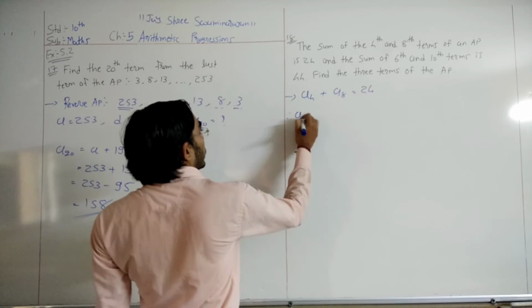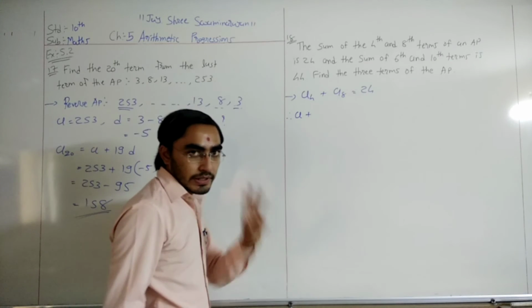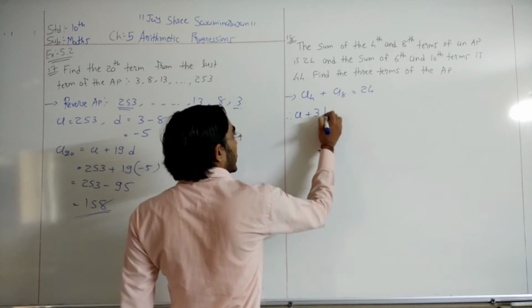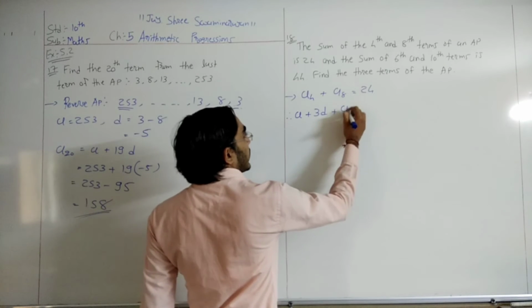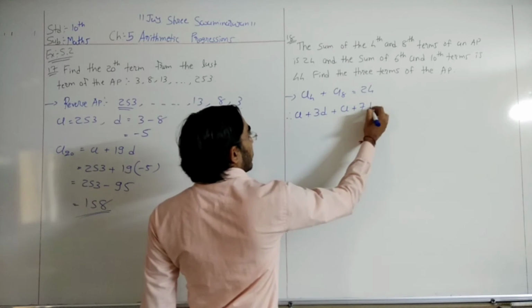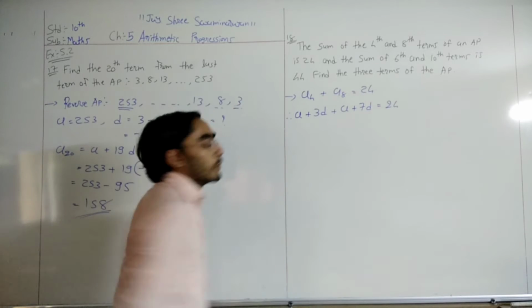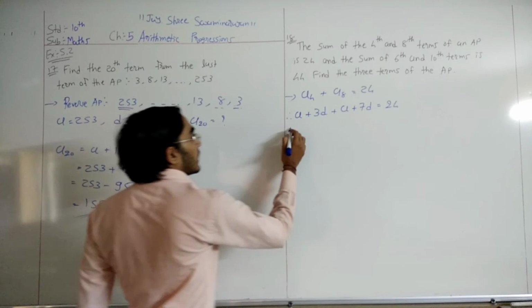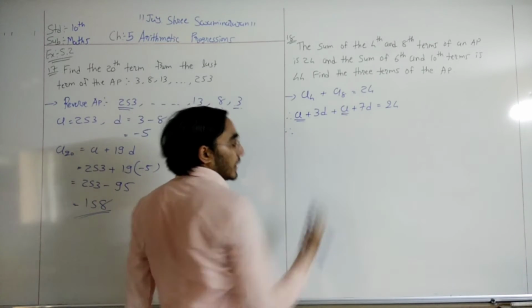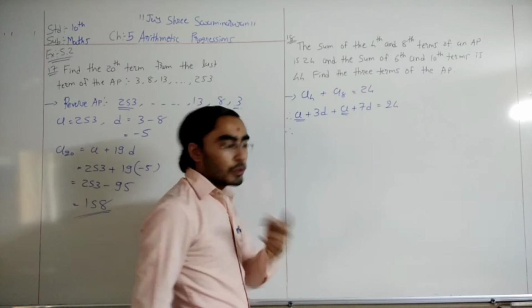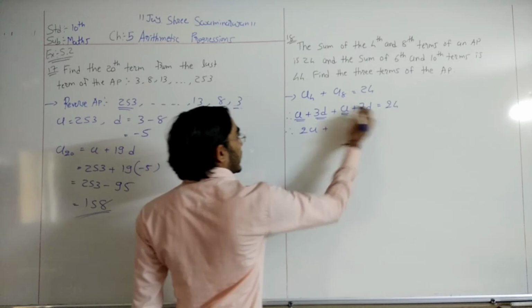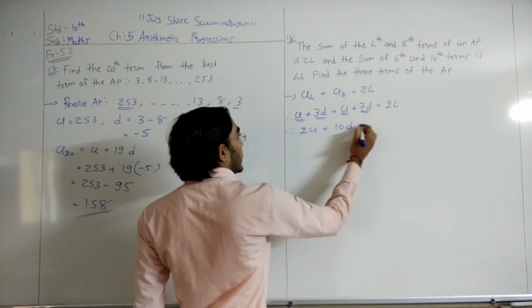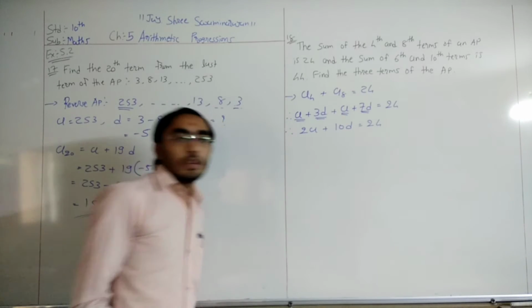A plus 4 minus 1, 3, so A plus 3D, and here A8, A plus n minus 1 D, so 8 minus 1, 7D is equal to 24. Now here A plus A is 2A, right? And 3D plus 7D, so 10D is equal to 24.